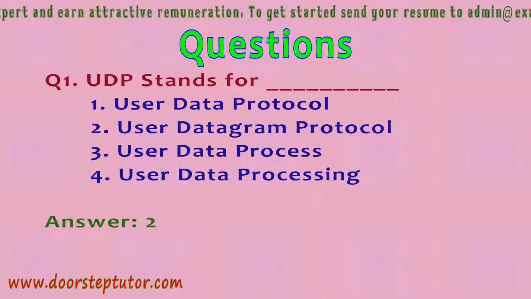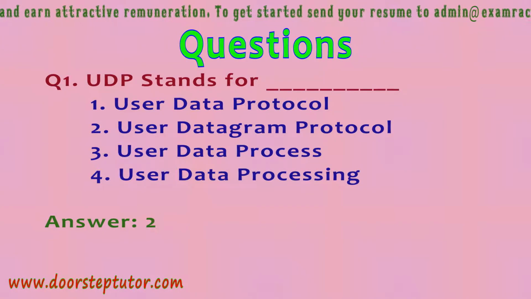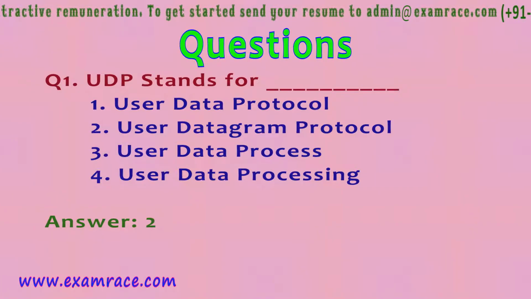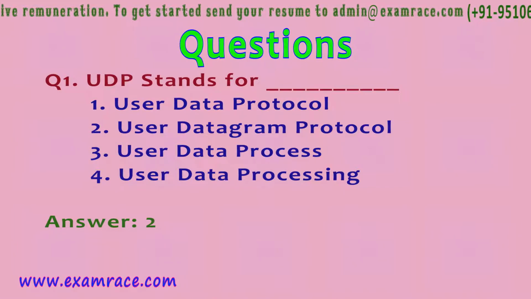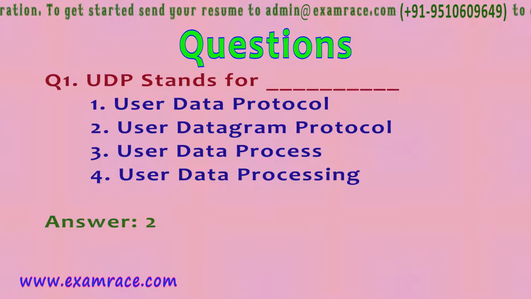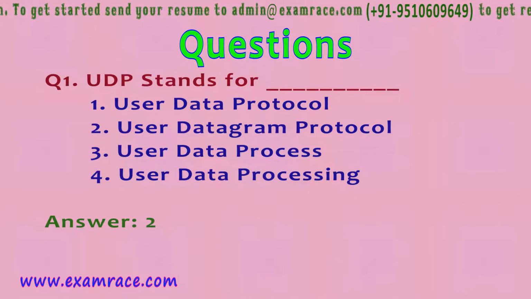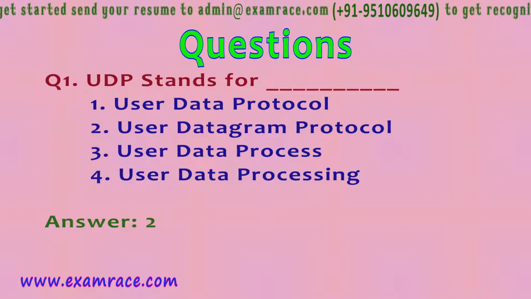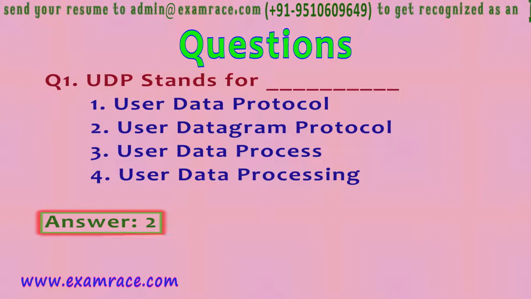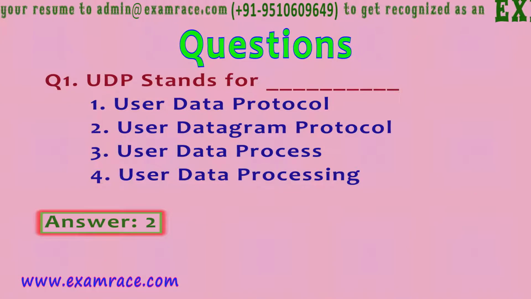That is the first question. These are the MCQs related to OSI. What does UDP stand for? The options given are: user data protocol, user datagram protocol, user data process, and user data processing. What is the correct answer for this question?